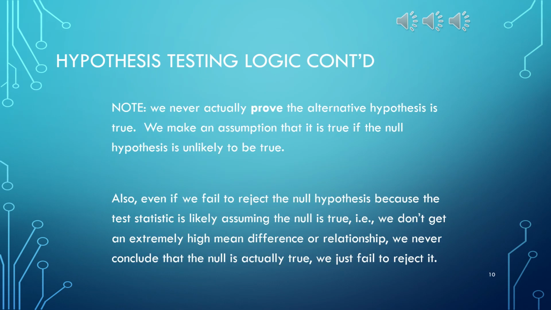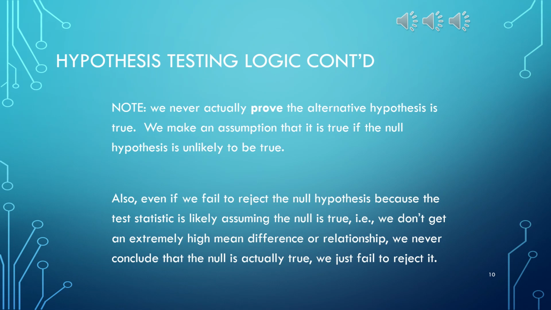So this is the dirty little secret of psychological research, and in fact, most research from any field that uses hypothesis testing, is that we don't ever actually prove the alternative hypothesis is true. We never prove it.